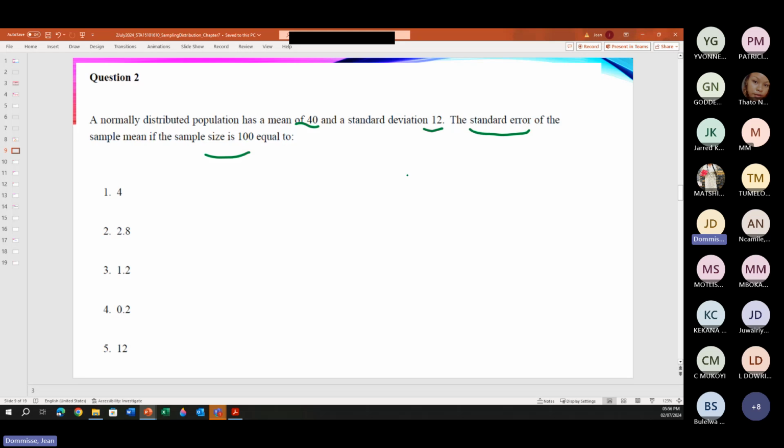If we look at the full formula, the standard error is only this part that you will need to work out. So they give us more information than just that. Yes, there is the sample size and the standard deviation, but they've also given you the mean, just to nearly make you think, but what am I missing?